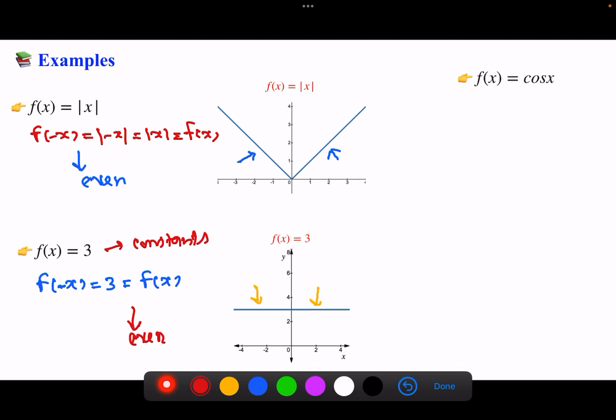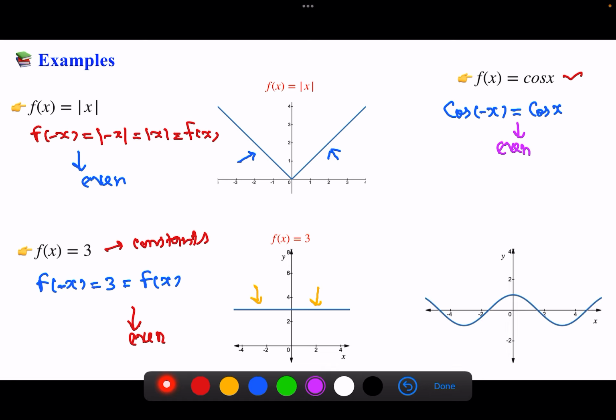Now another function is the cosine function, cos x. Mathematically we know that cos of minus x equal to cos x, meaning the function values at x and minus x are both the same. So mathematically it is an even function.